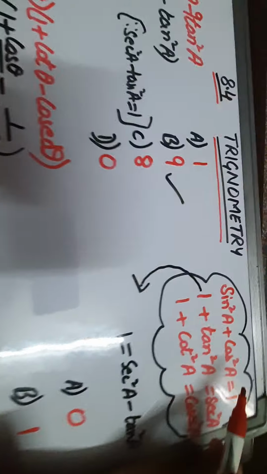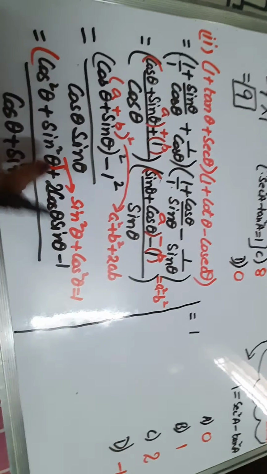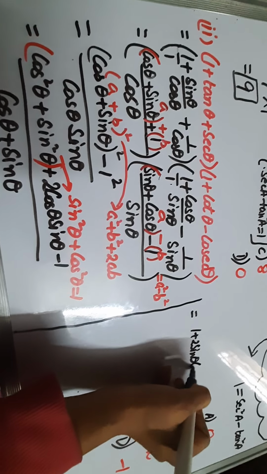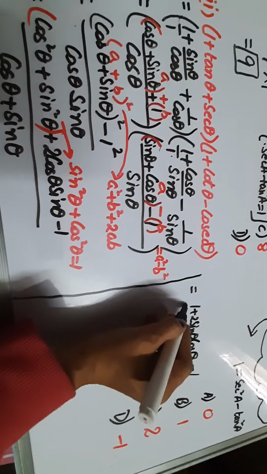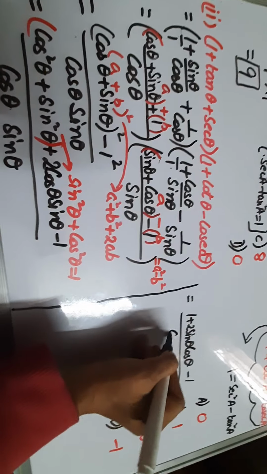I am going to write here that sin square theta plus cos square theta is equal to 1. So I'll replace this whole bracket by 1, then plus 2 sin theta into cos theta and minus 1 divided by cos theta into sin theta.